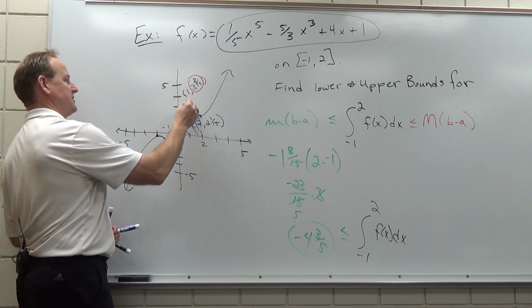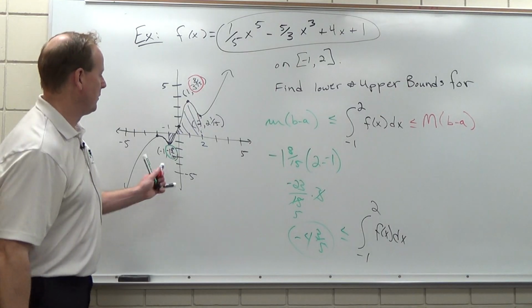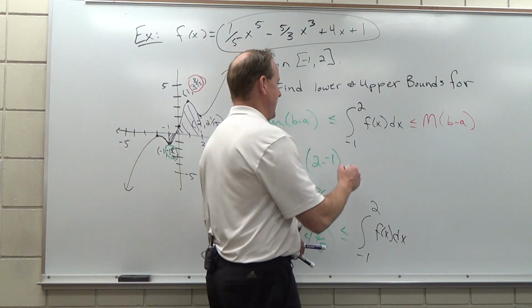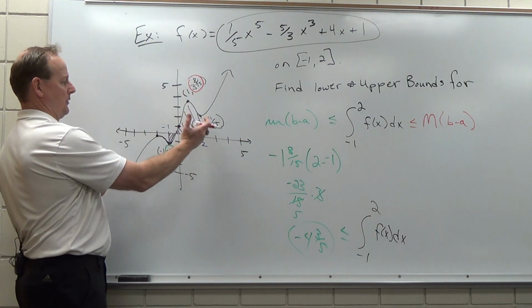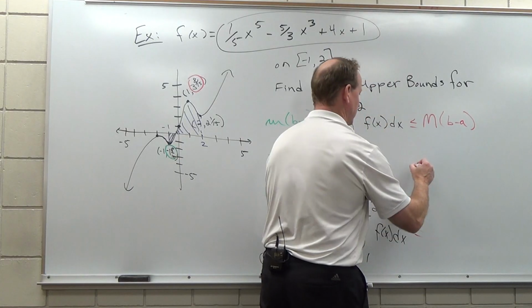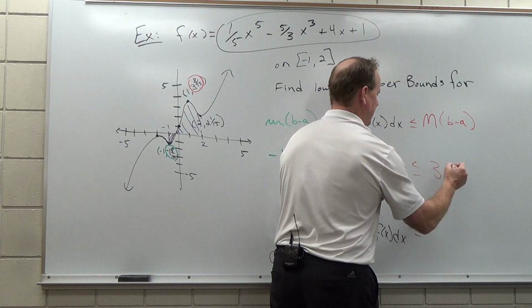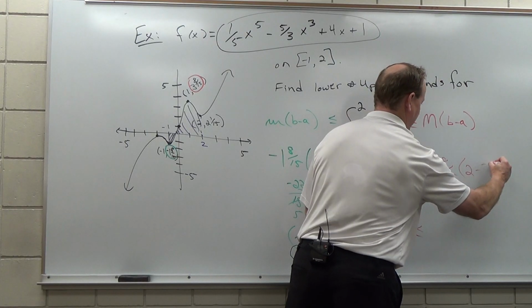So this is the absolute max height, occurs when x equals 1. We verified that when we graphed this out before. So the absolute maximum height was actually a relative maximum height for a while here, but knowing what that looks like, this is going to be less than or equal to 3 8/15 times b minus a, which is the same 2 minus -1.